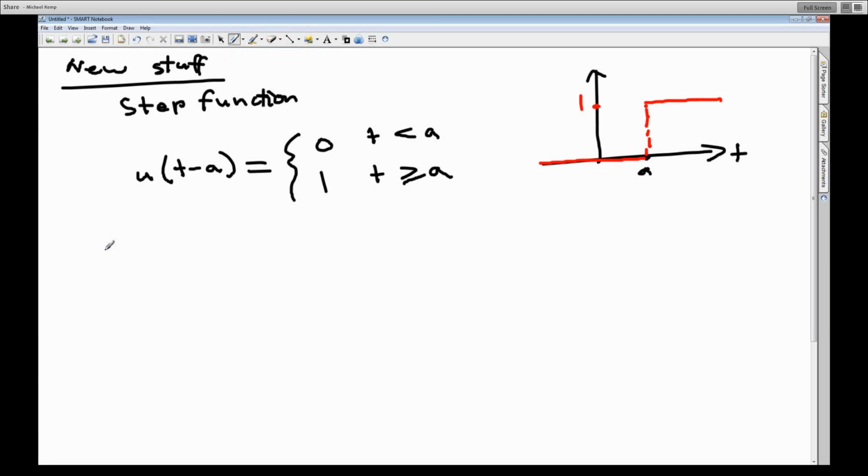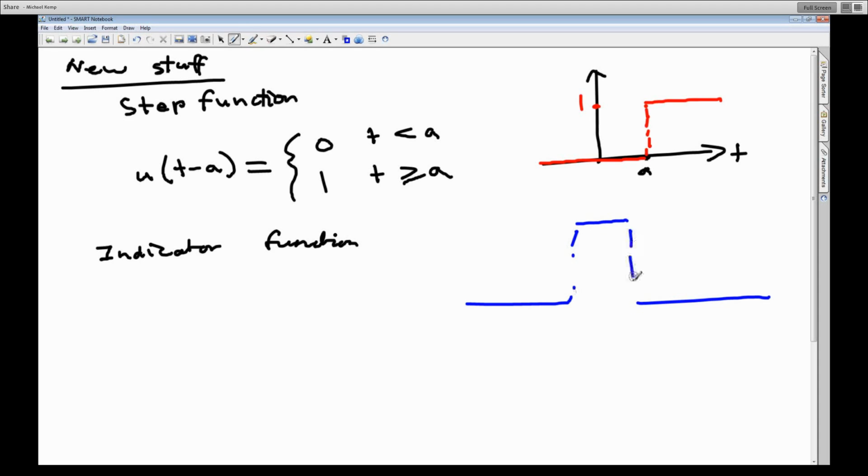So when you turn it on, you can also use it as an idea of an indicator. An indicator function basically jumps up between A and B. So basically it's on only for a short period of time.